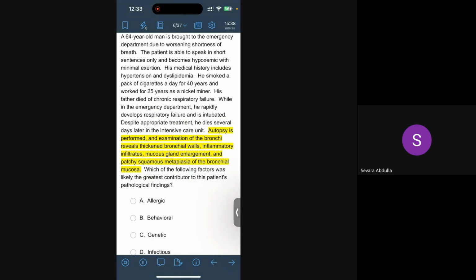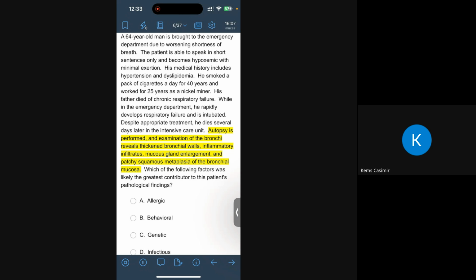In this autopsy, you are seeing thickened bronchial walls, mucus gland enlargement, and patchy squamous metaplasia as well. Both of these things are written in First Aid, right? So the diagnosis here is B, chronic bronchitis.